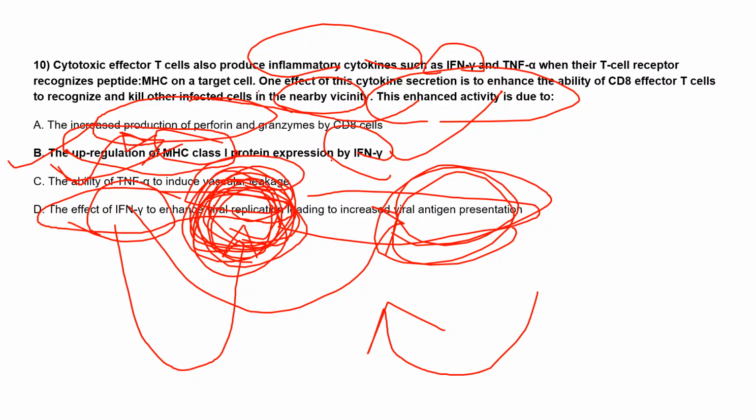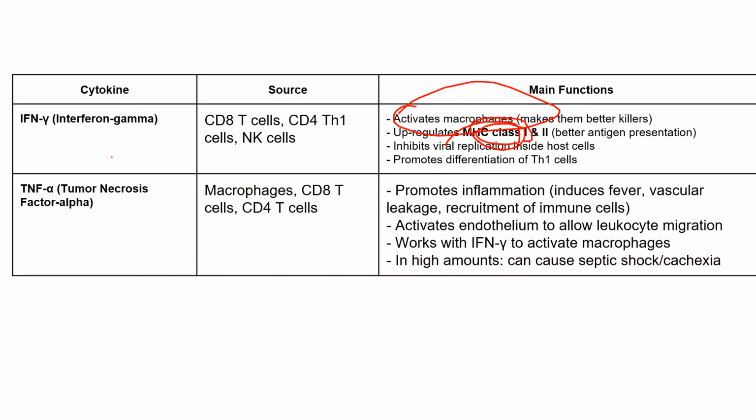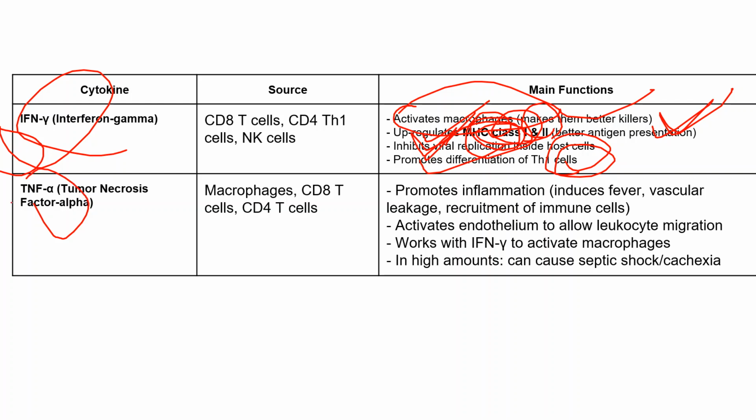So maybe option B is the right answer, because interferon gamma activates the macrophages and also upregulates MHC class 1, not only class 2. So there will be better antigen presentation, and they inhibit viral infection. Also, they promote Th1 cell differentiation. Then what will TNF alpha do? It will promote inflammation, right?